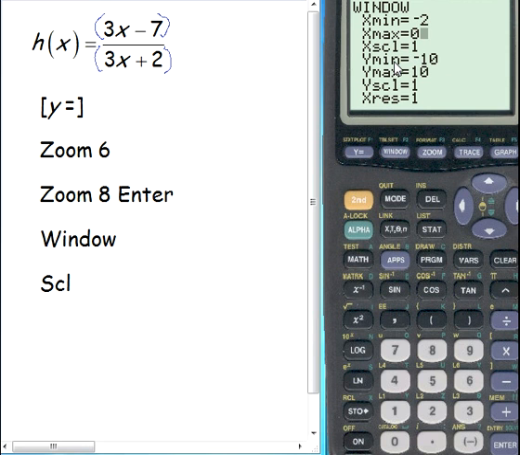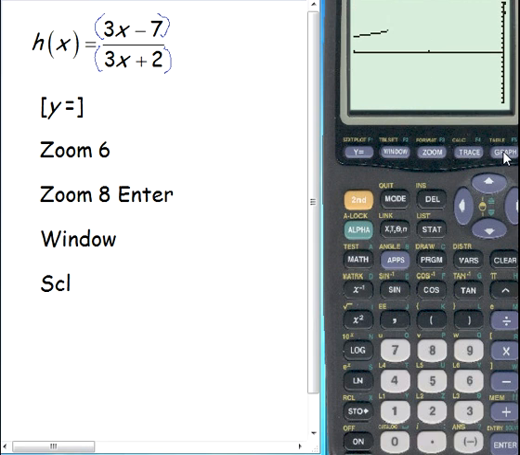On y, we're still going from negative 10 to 10. We may change that, but let's just see what we have. Hit graph. You can see it does seem to have an asymptote, but it doesn't seem that we have enough y values to see exactly what's happening.